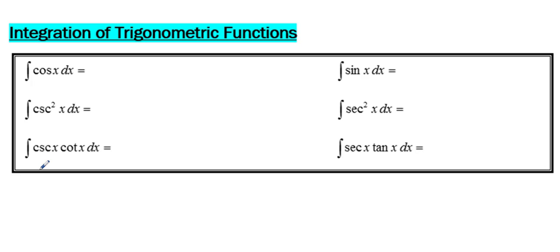Okay, we have to be knowledgeable of what's happening. We have to see that we have an antiderivative sign or an integral sign. This is an antiderivative of cosine x dx. Whose derivative equals cosine? Sine of x.